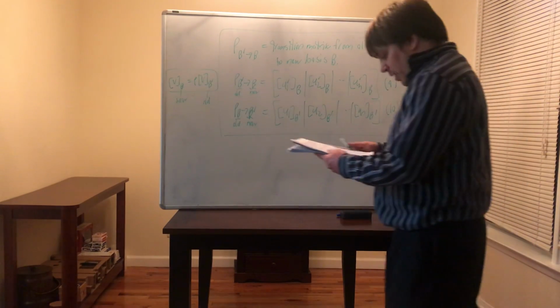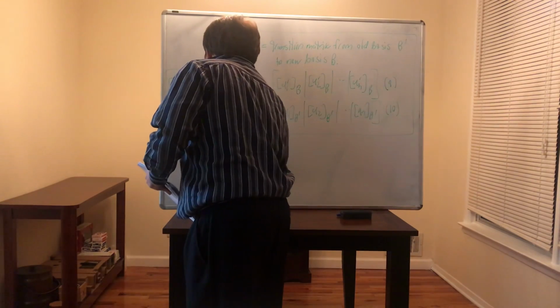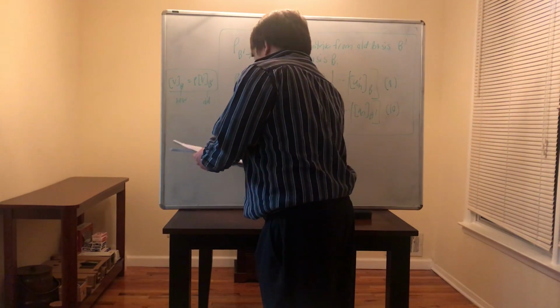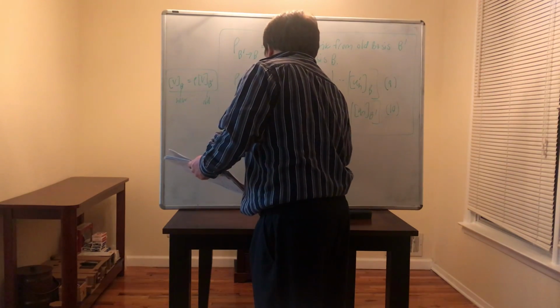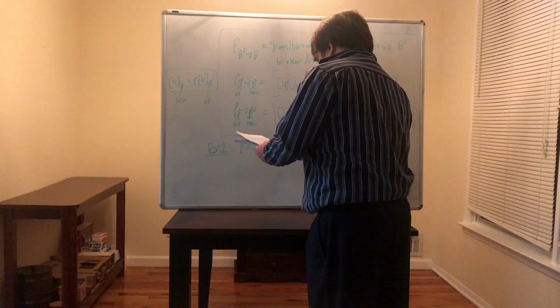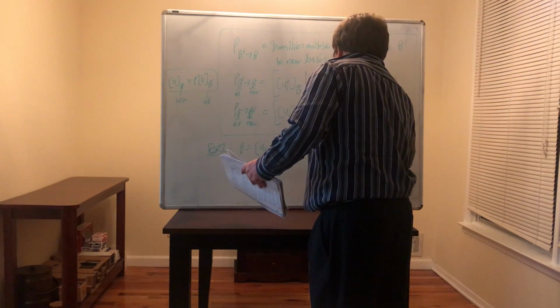Okay, so example 1. For example 1, we want to consider the bases B, which is the set U1, U2, and the basis B prime, which is the set U1 prime, U2 prime.